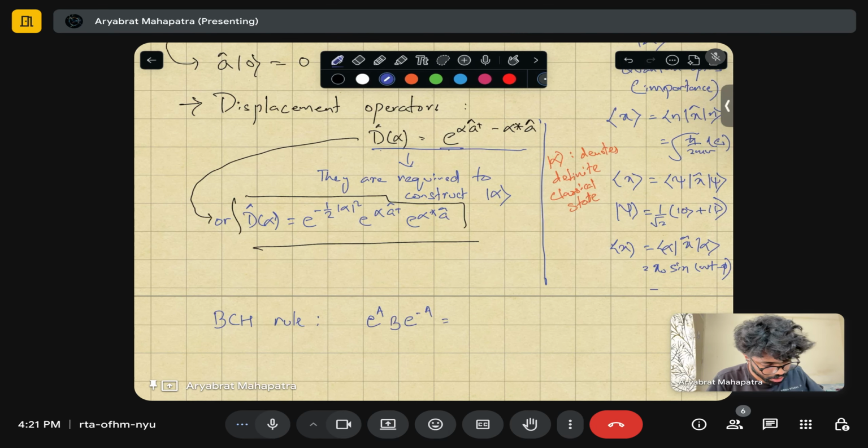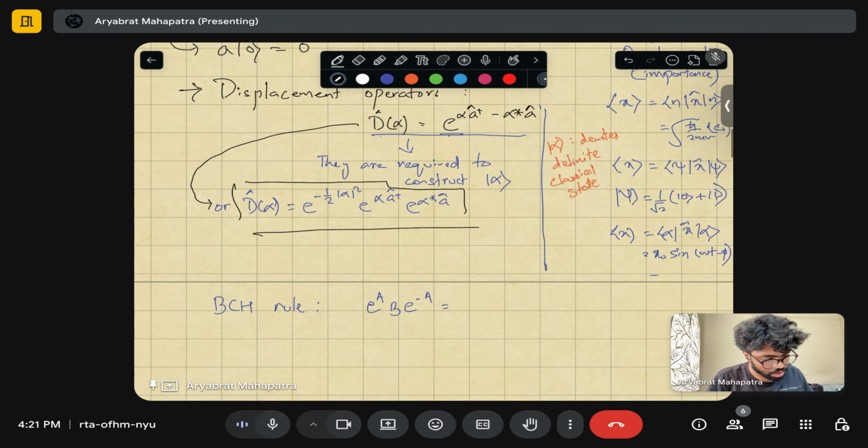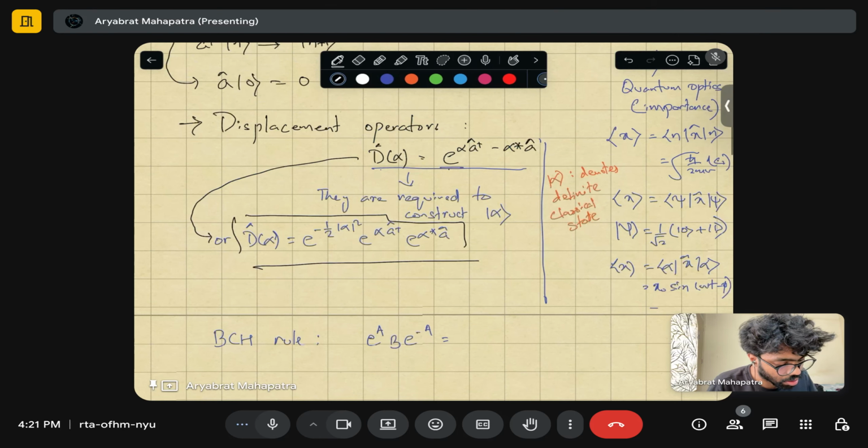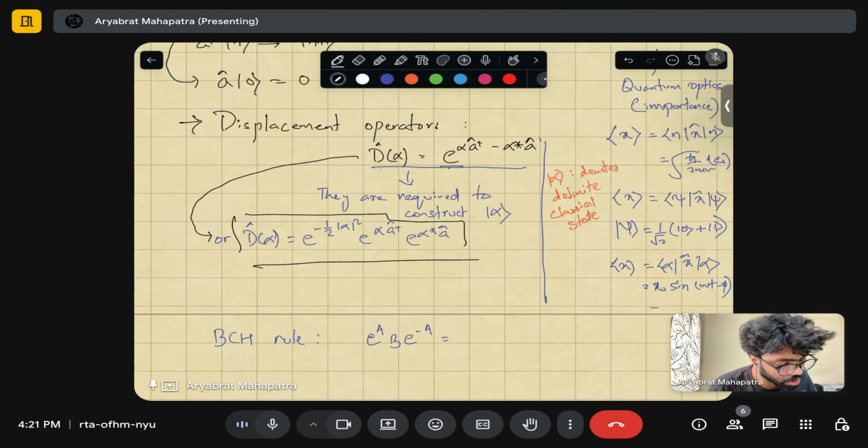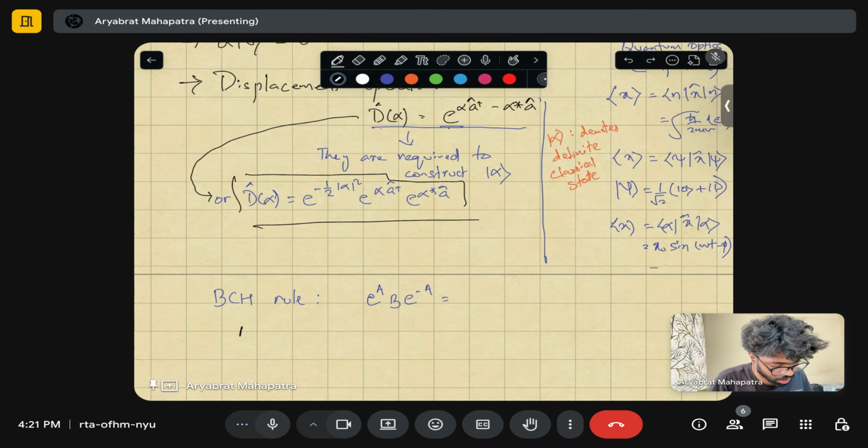Remember, when I say D(alpha) is an operator, it is because a dagger and a are operators written in an exponential form. This alpha is some number, but a dagger and a are operators. So here also, A and B are operators.